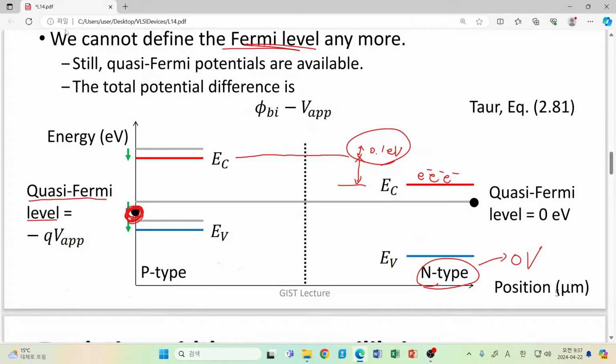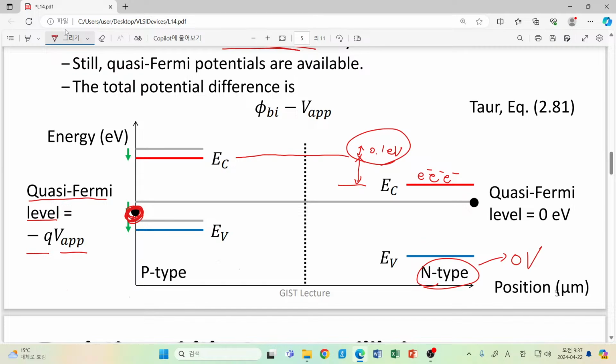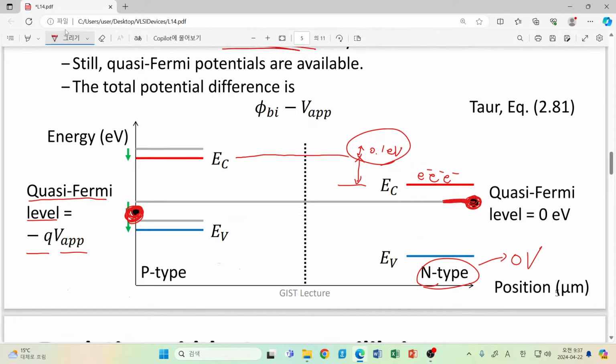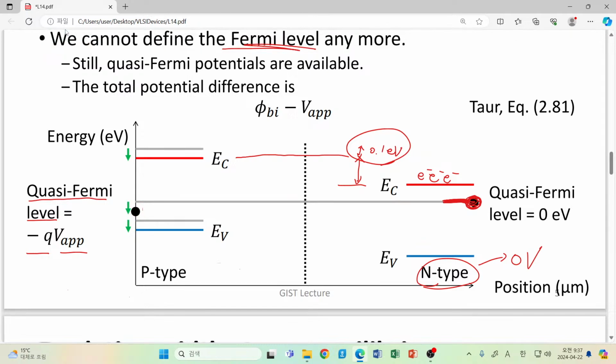The quasi-Fermi level is also shifted by minus q times the applied voltage. Since we have assumed that the cathode region is kept at 0 volt, it is just attached to our previous Fermi level. But here we have a downshifted version when we have forward bias voltage.